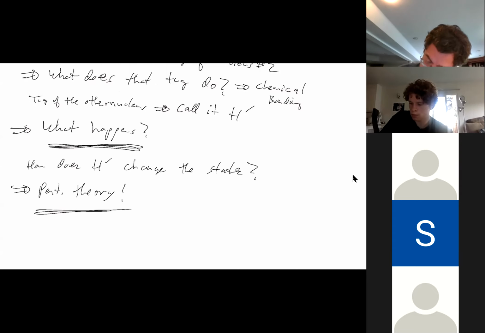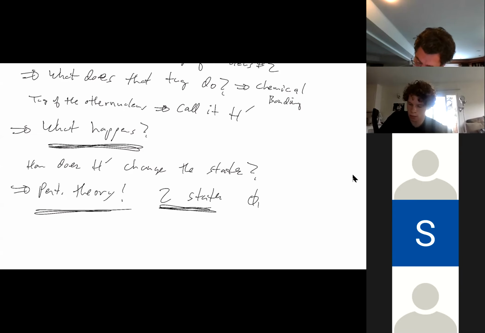But what is the dimensionality? I only have two states. There are only two states that I'm talking about, phi 1 and phi 2 for these two atoms. I got these two states.